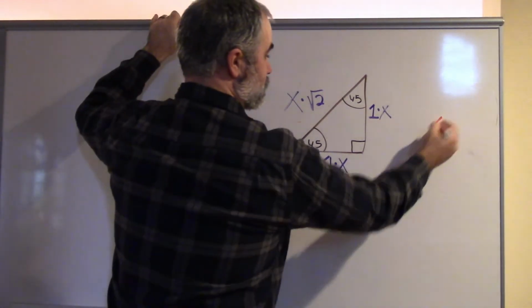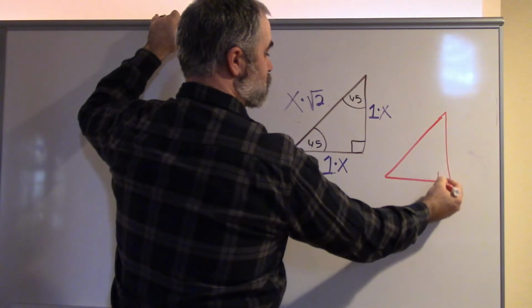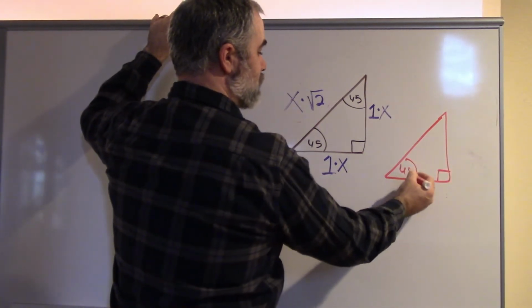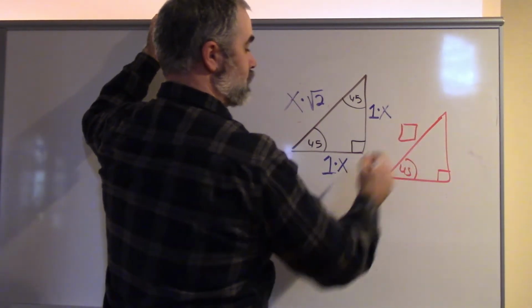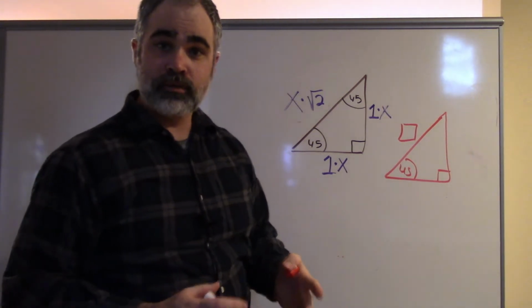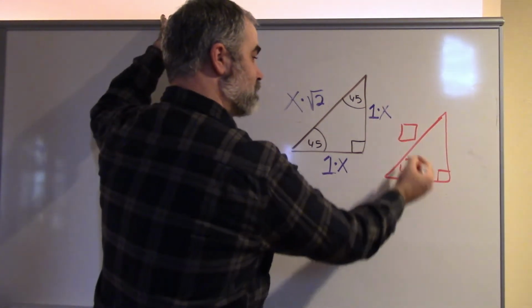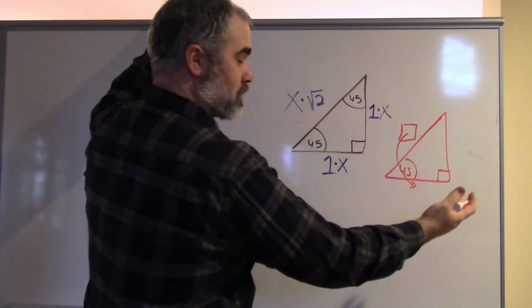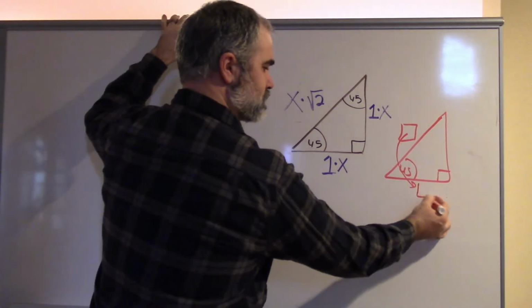If you are given a special right triangle that's a 45, 45, 90, and you're given this side right here, all you have to do is divide by square root of 2. You're getting smaller anyway, so division sort of makes sense.